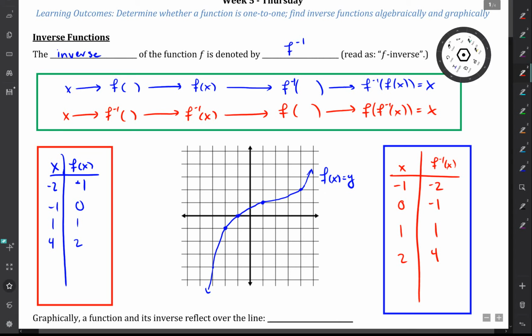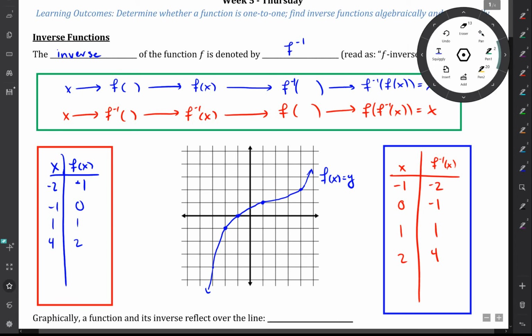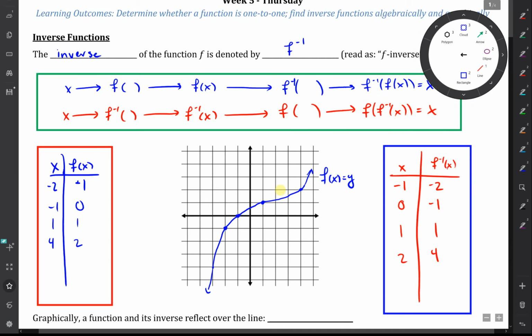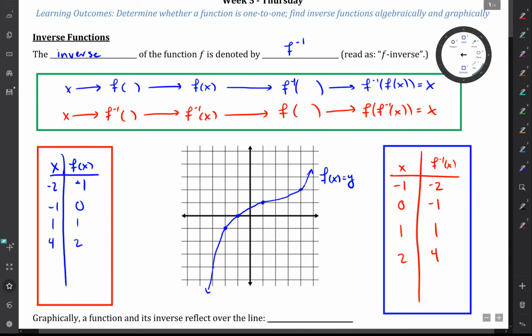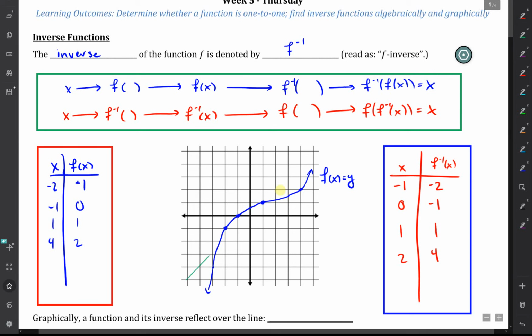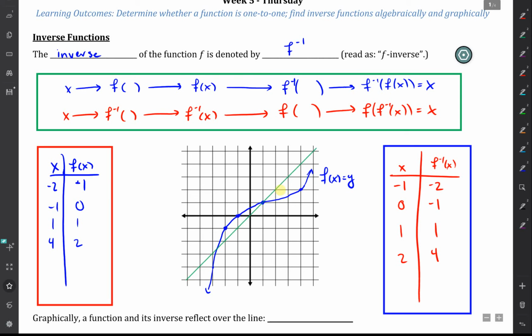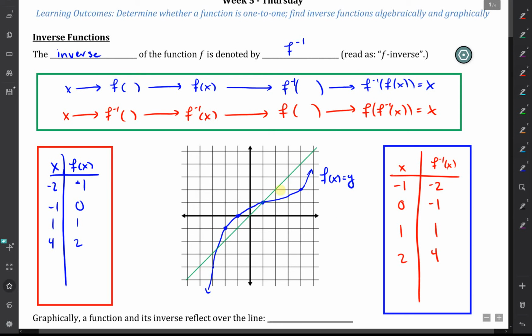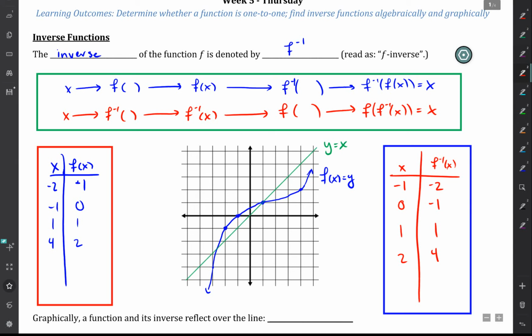So that might look something like this. And actually, I'm going to draw the line y equals x in green here. And we're going to see that f inverse should be the mirror image of f of x across that line.